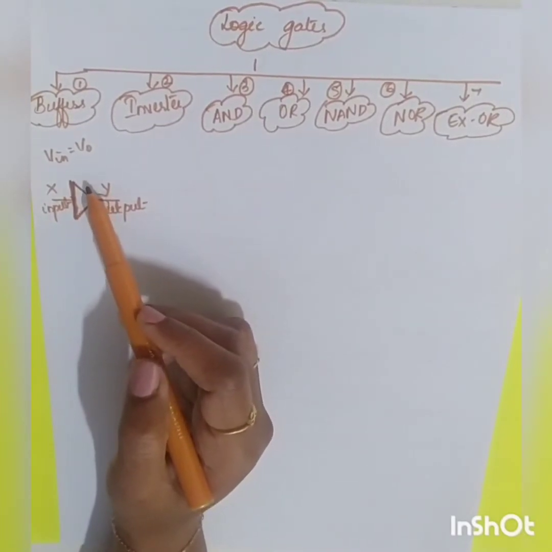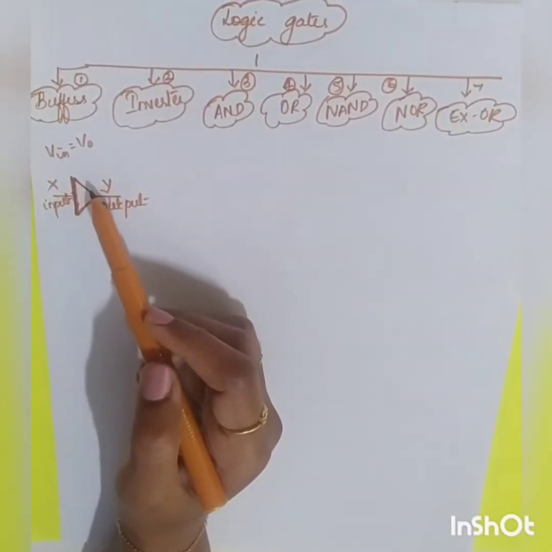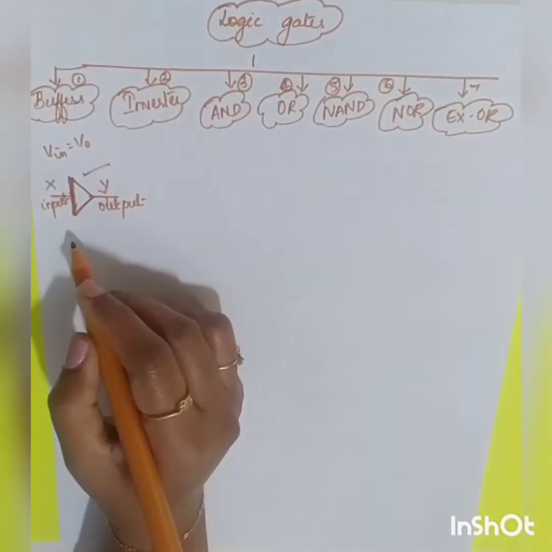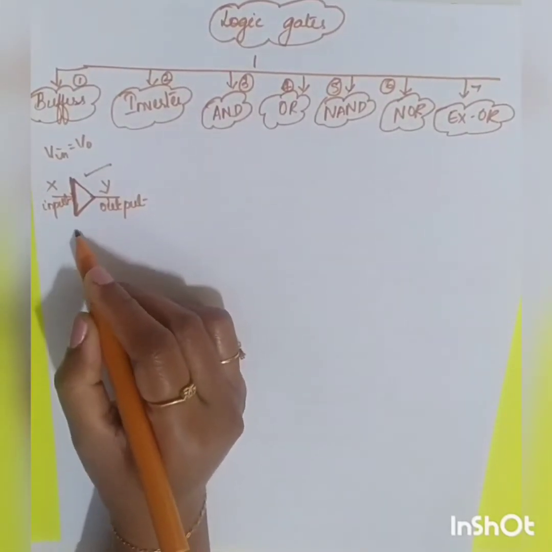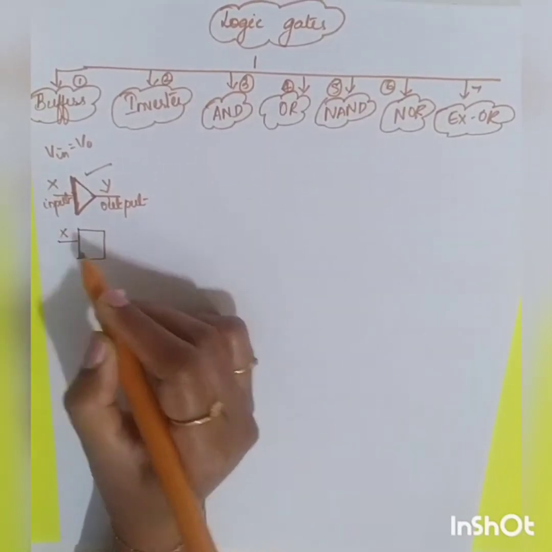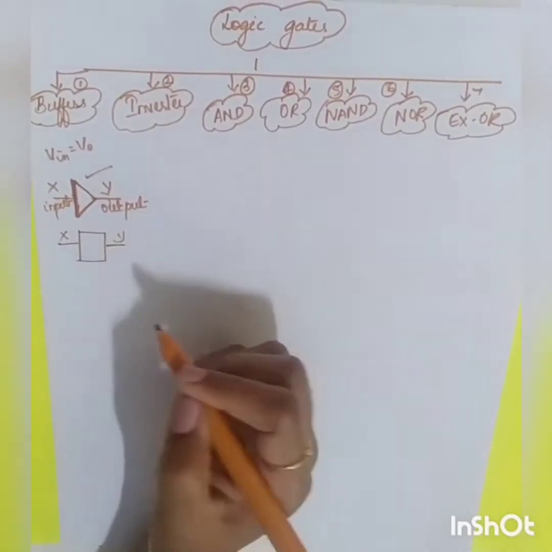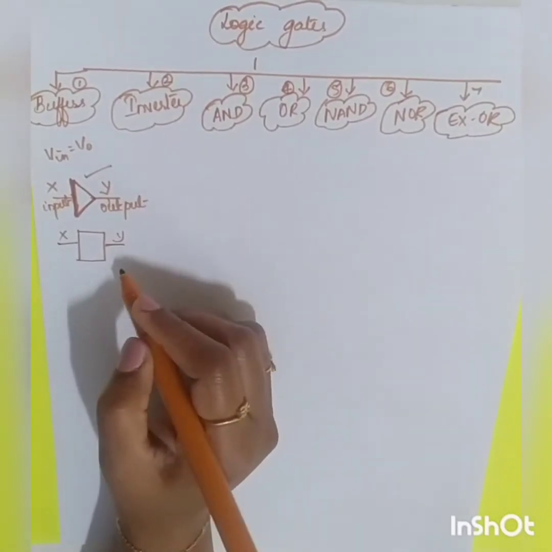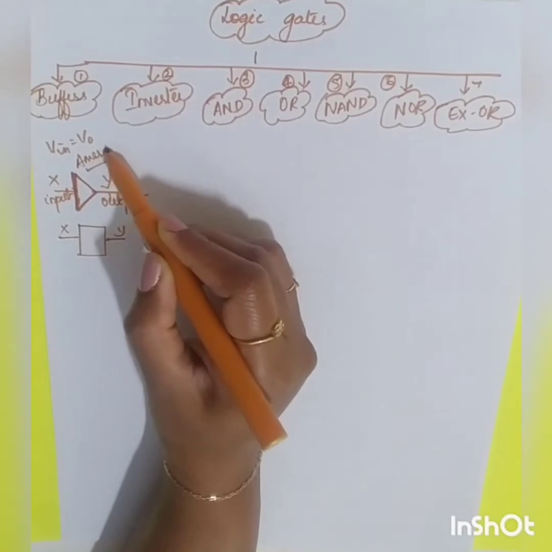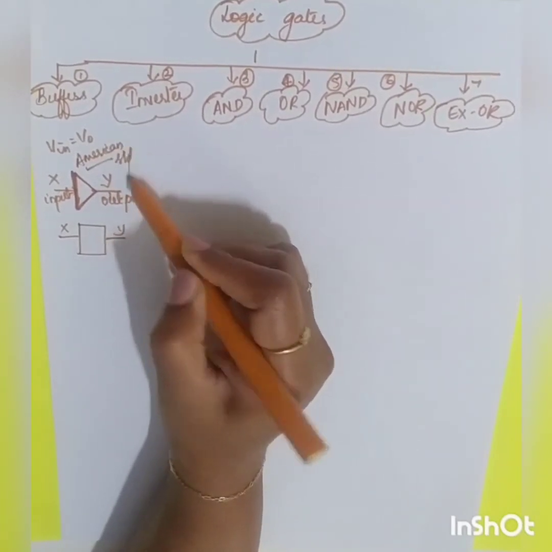As per your syllabus, there are two symbols which are given. One is called the American Standard symbol, and the other one is called your British Standard symbol, where you will have a rectangular box, and this also is your symbol of the buffer. Okay, so I am going to proceed with the American Standard for all the different cases.